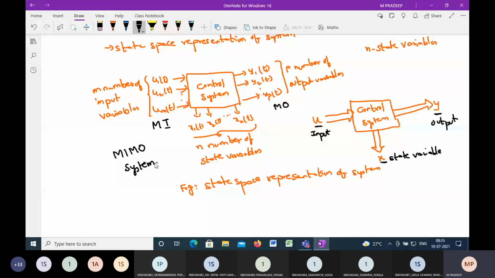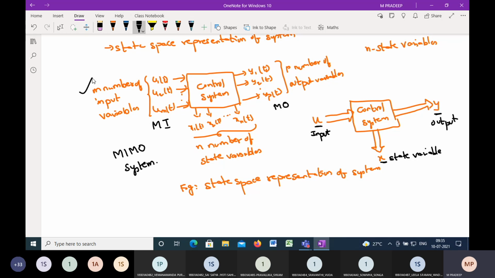The state space model mainly consists of m number of inputs, p number of outputs, and n number of state variables. The total representation of your system is shown as a particular block, the state space representation of your system.